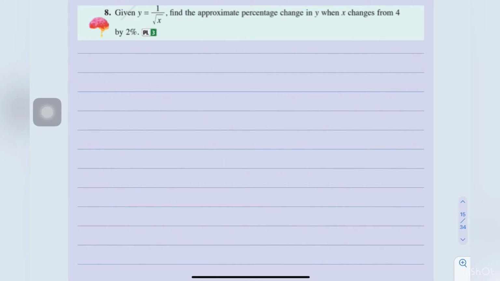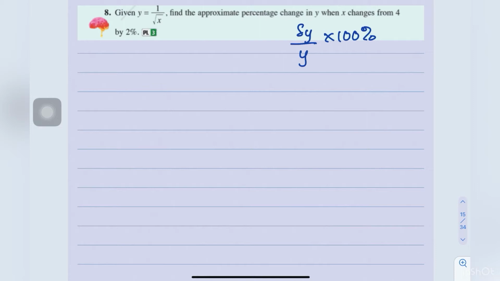Let's do question number 8. Given y equals 1 over the square root of x, find the approximate percentage change in y when x changes from 4 by 2%. The approximate change in y is delta y, so the approximate percentage change means delta y over original y times 100%.